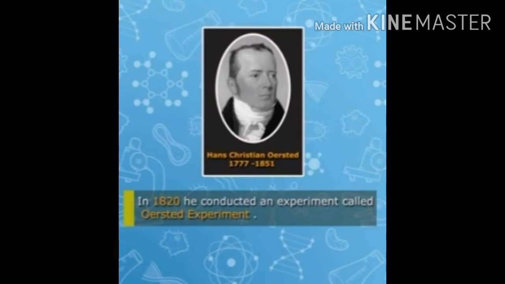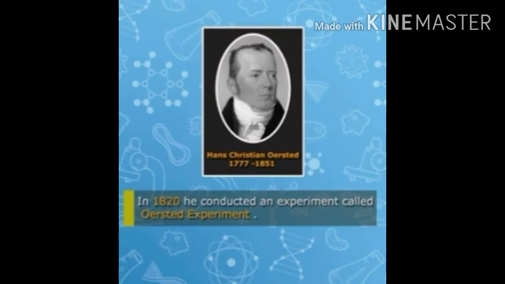And the experiment is called Oersted experiment. Clear? The scientist Oersted proved that magnet and current are interrelated. If current flows there, there will be a magnetic field also, a magnetic effect also. Who proved that? Hans Christian Oersted has proved that.